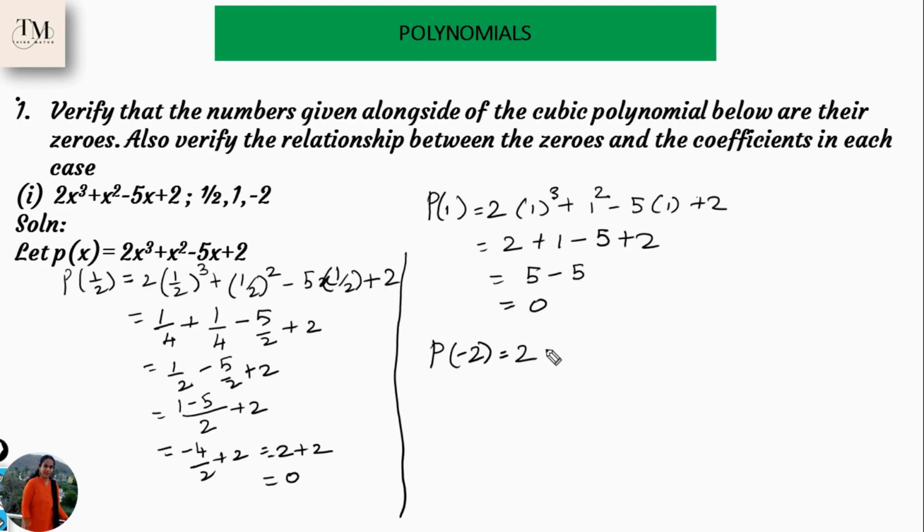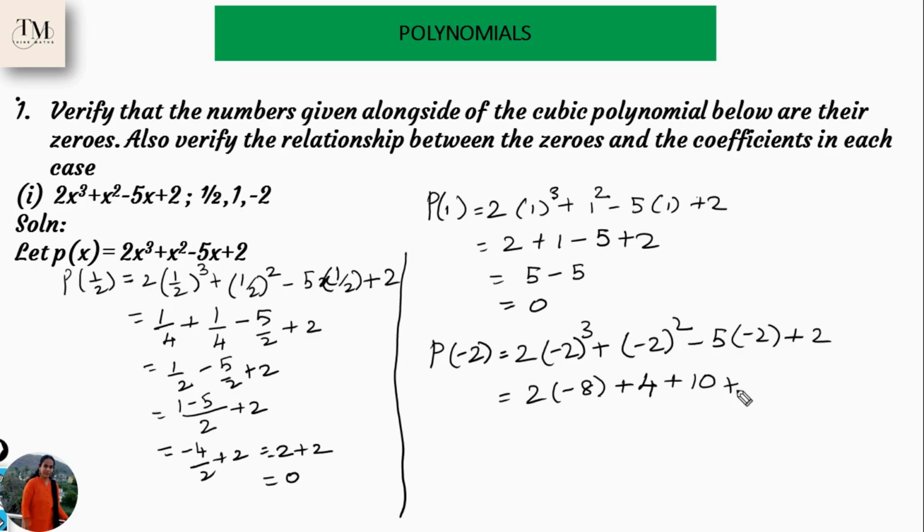So 2 into, instead of x, we have to substitute minus 2: minus 2 whole cube plus minus 2 whole square minus 5 into minus 2 plus 2. Minus 2 whole cube is minus 8, plus minus 2 whole square is plus 4. Minus into minus is plus, 5 into 2 is 10, plus 2.